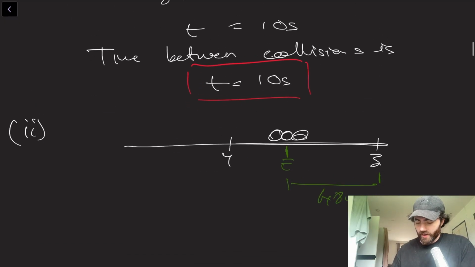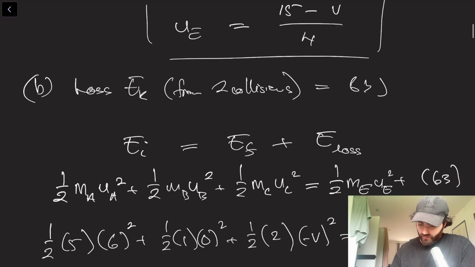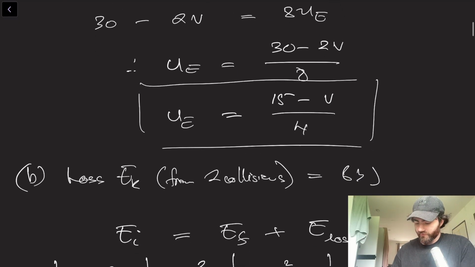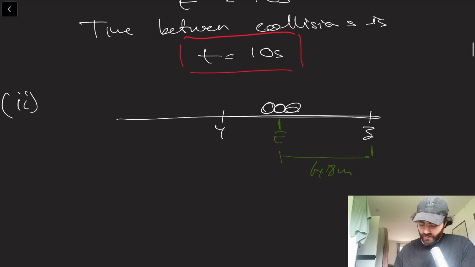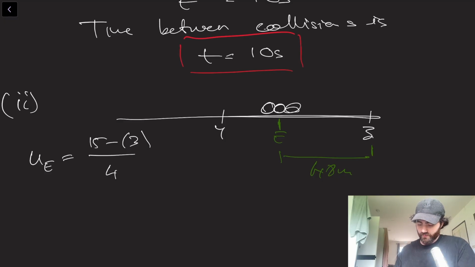So E is moving at, where's U of E? E is moving at 15 minus 3 over 4. So U of E is 15 minus 3, because we found that, over 4. So 15 minus 3 divided by 4 is 3. So it's moving at 3 meters per second. Okay, so the distance is 48 meters.